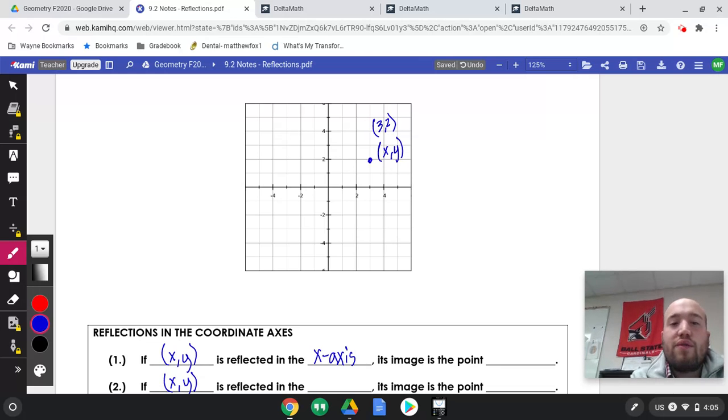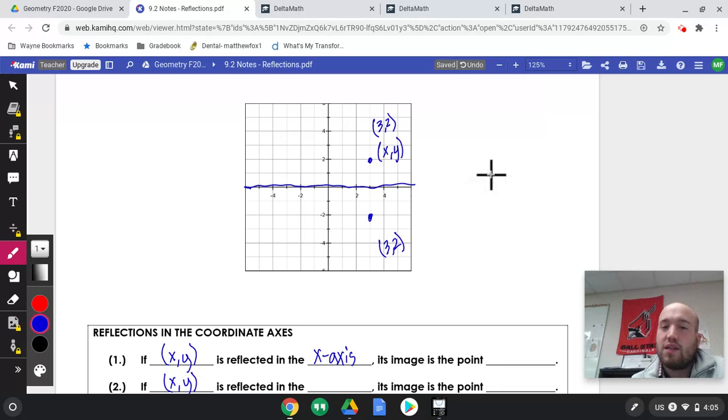Now if I would reflect over the x-axis, that would be right here. So it's 2 away, it'll be 2 below. So our point is now 3, -2. If we think about it in terms of x, y though, the x value did not change, so it would still be x. The y value though is now the negative version. So it would become x, negative y.